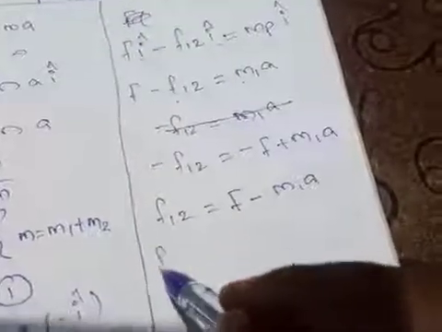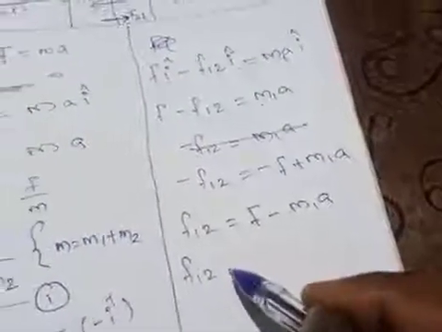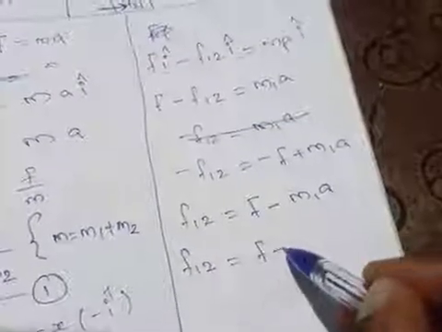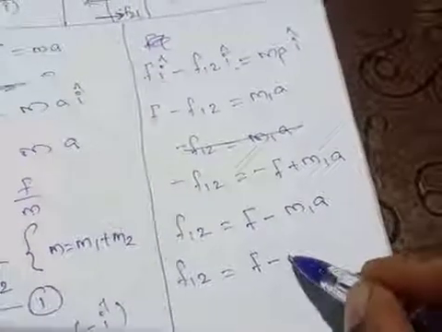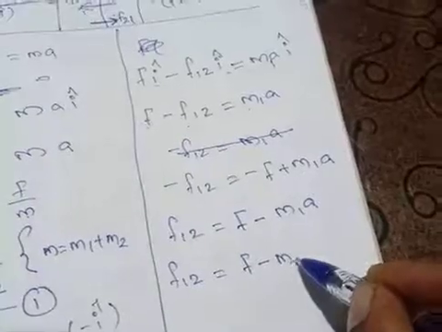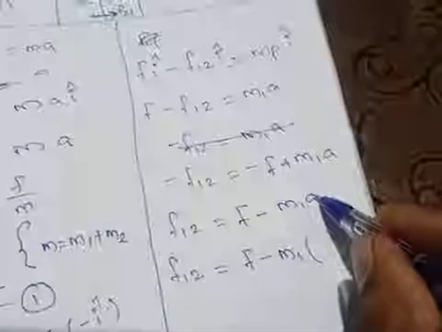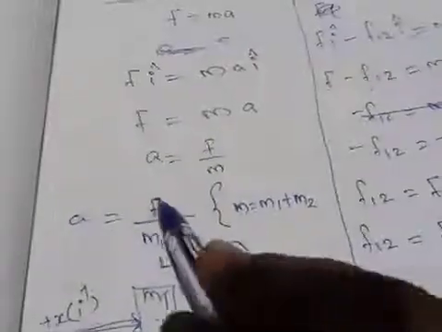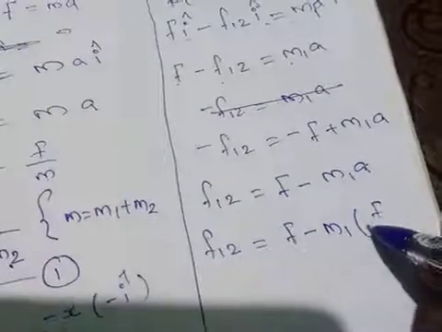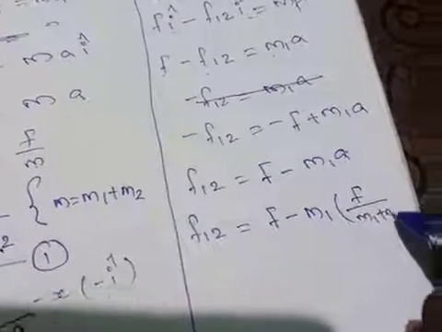Now you see, F12 is equal to F minus M1 into A. From equation 1, A is equal to F by M1 plus M2. So F by M1 plus M2.